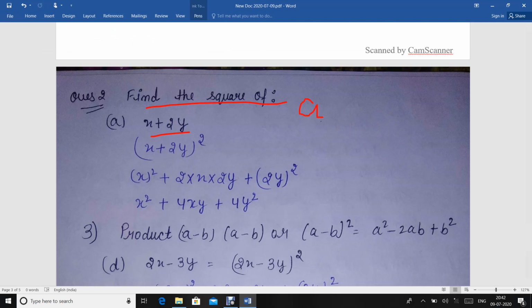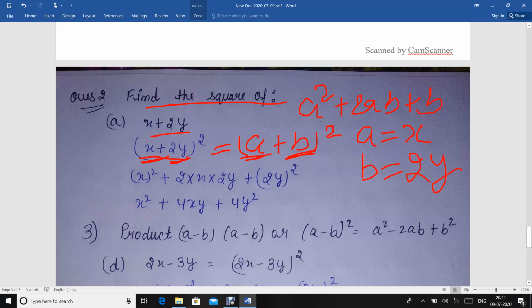See, a square plus 2ab plus b square. On comparing, x plus 2y is a plus b whole square. A is x, so a is equal to x. B is 2y, so b is equal to 2y. So put these values in this equation.